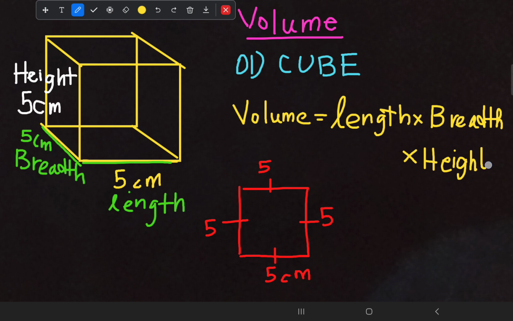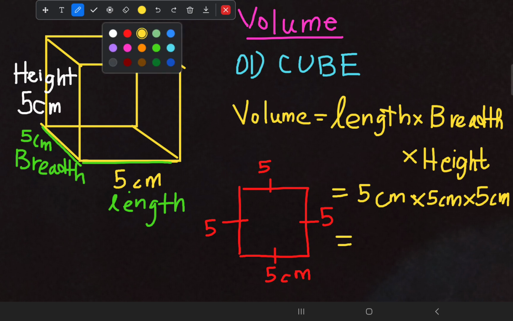But in a cube, all these three are the same. Length is 5 centimeters, breadth is 5 centimeters, and height also 5 centimeters. All these magnitudes are 5 centimeters.